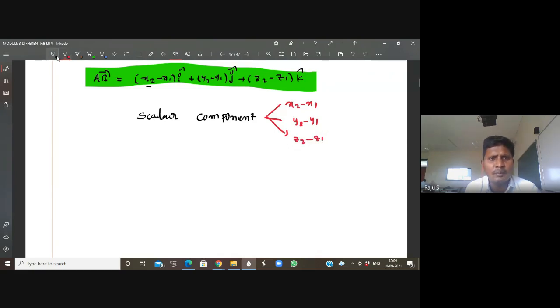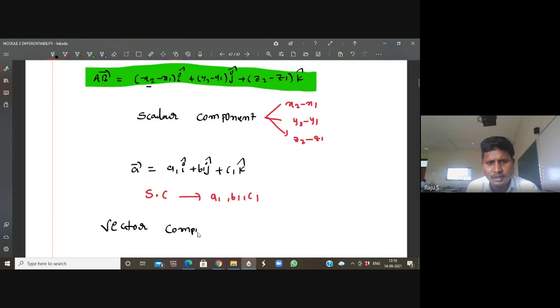Coming to vector components, if I take any vector a vector equal to a1 i cap plus b1 j cap plus c1 k cap, then the scalar components are a1, b1, c1. Coming to the vector components, some questions are based on scalar component and vector component.